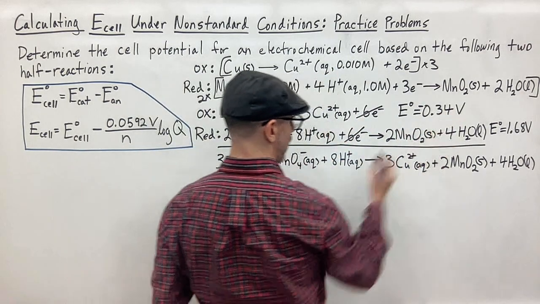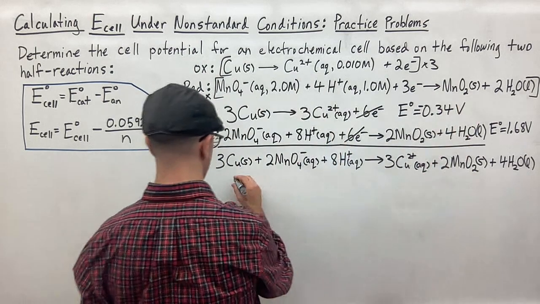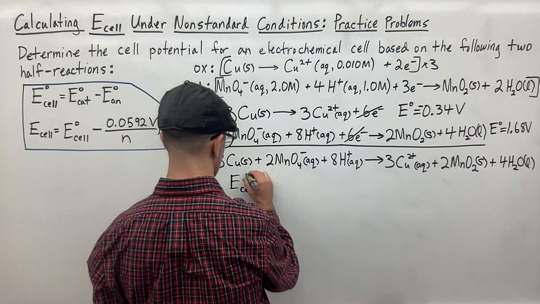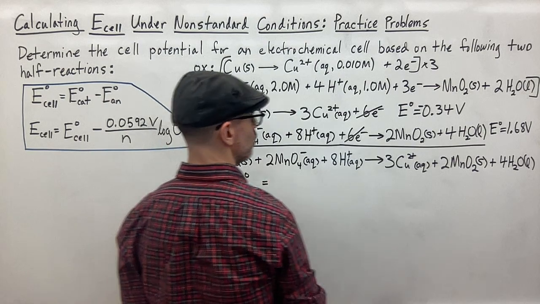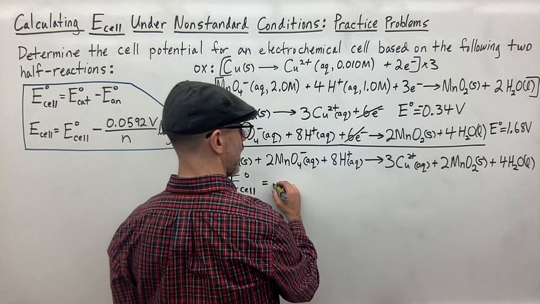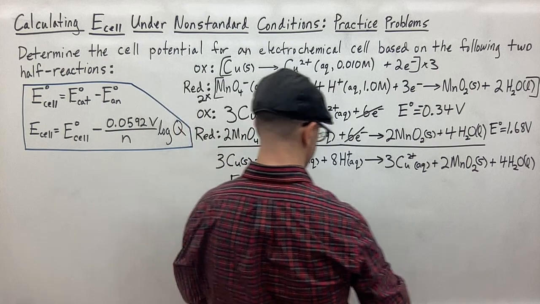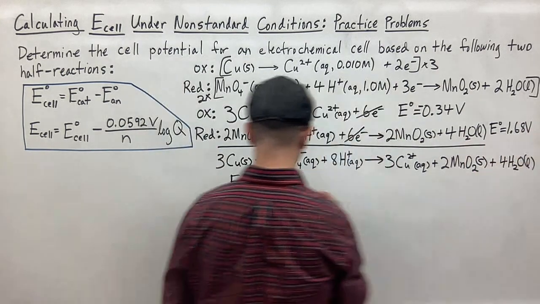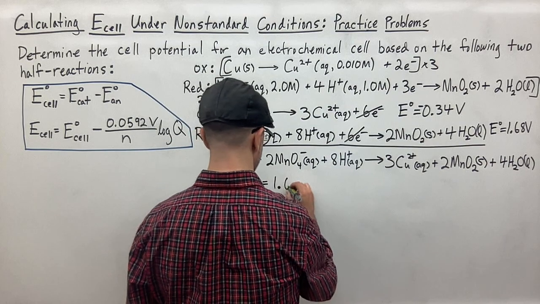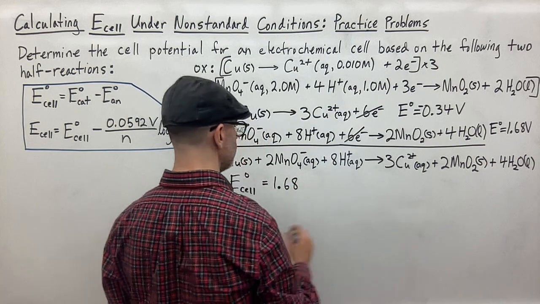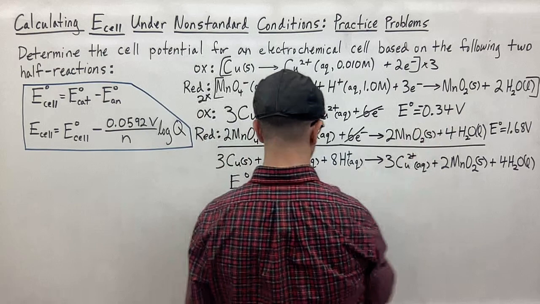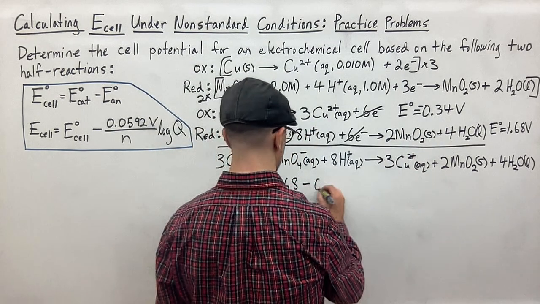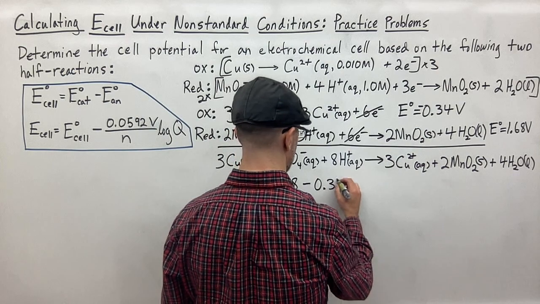So the cell potential for this would be the standard cell potential would be 1.68, and then we're going to add the negative, right, which is the same as subtracting 0.34.